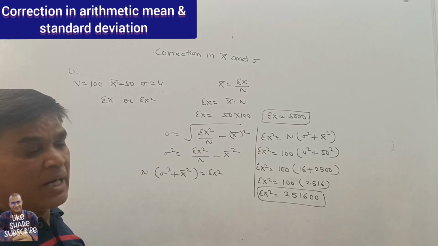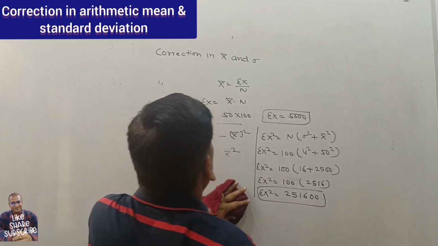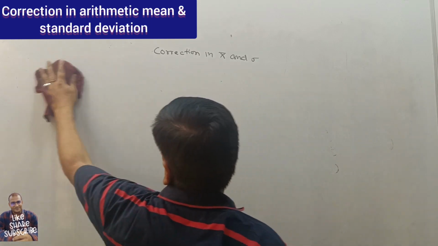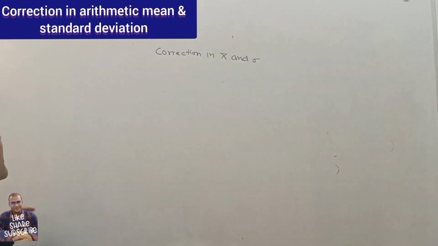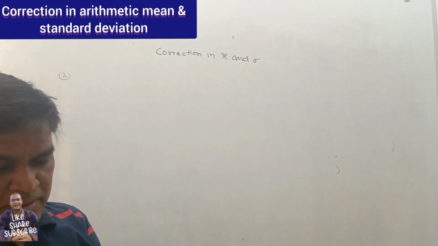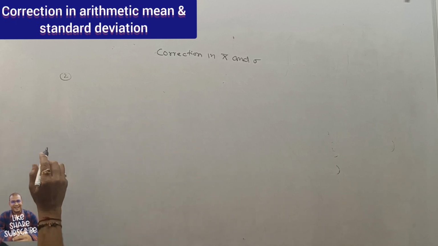Now, how to correct the standard deviation or arithmetic mean? Now we are learning this. I am taking another question for correction. Question number 2. The arithmetic mean and standard deviation of a series having 20 items is 20 and 5.